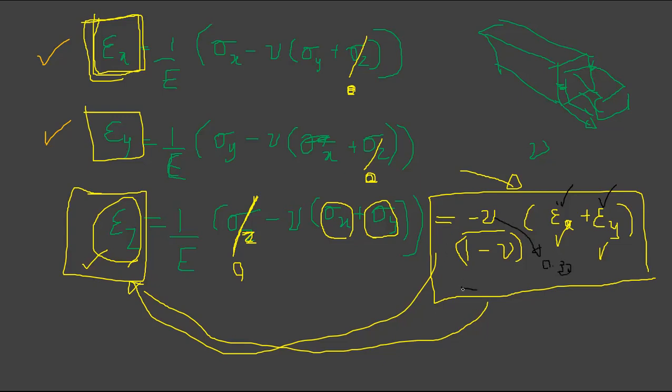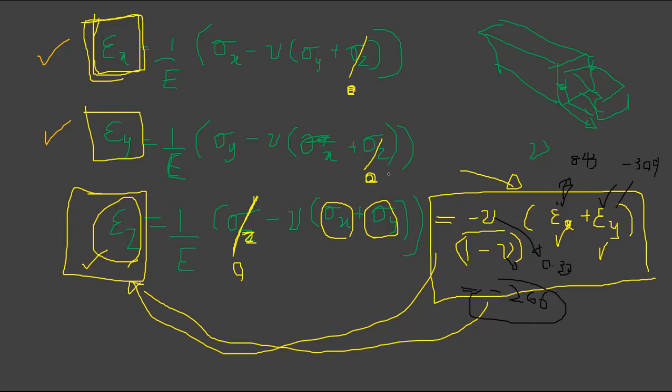You can plug in and it would give you some value. Check it. This is 0.33, and this is 843, and this is minus 309. This would give you minus 360.